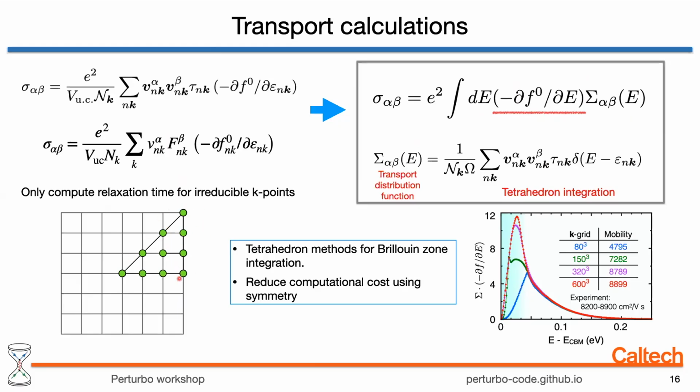What this means is that a lot of these points in the Brillouin zone can actually be symmetrically transformed into this wedge right here. And so if you only calculate F or tau on these points, you can then use symmetry operations to find tau, for example, over here. And this, of course, reduces the computational cost drastically.